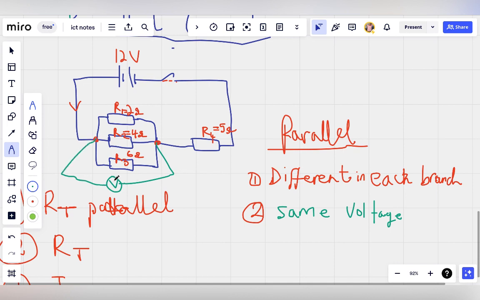Once I do this, I will measure the voltage across these 3 resistors, so the same voltage across these 3 resistors.